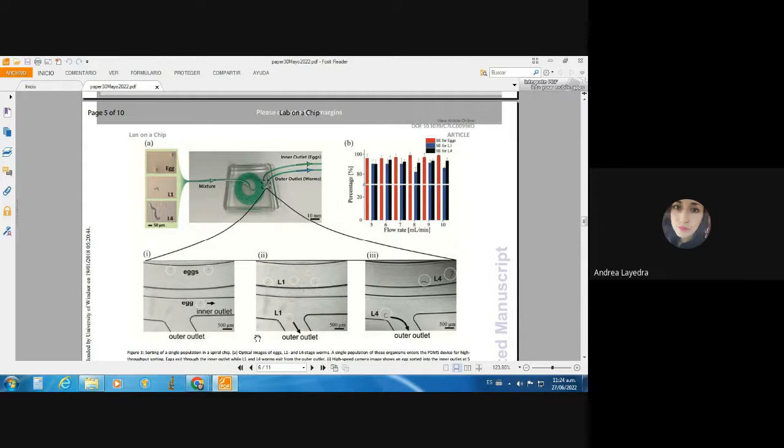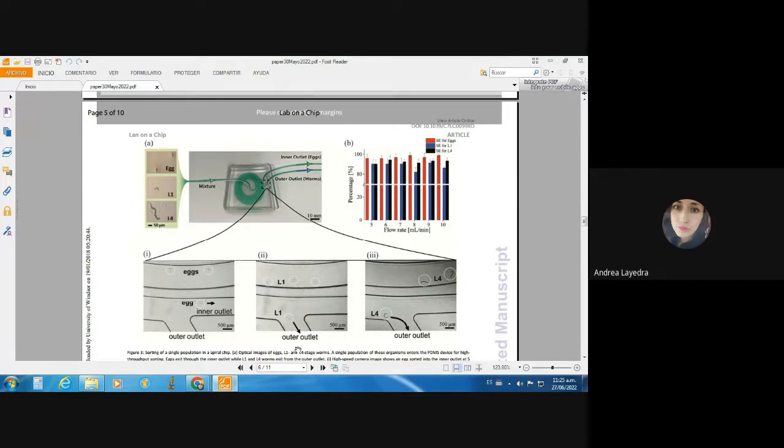Compared to L4, L1 worms have a lower sorting efficiency due to their smaller size. Overall sorting efficiency of L1 and L4 worms improved at flow rates above 5 milliliters per minute.